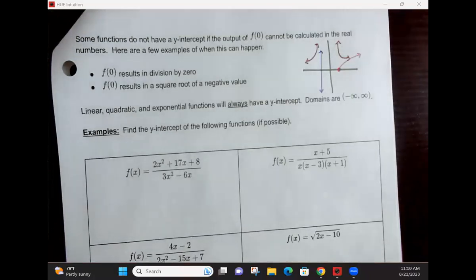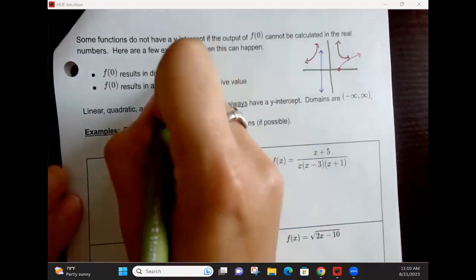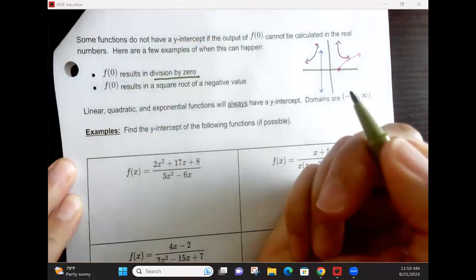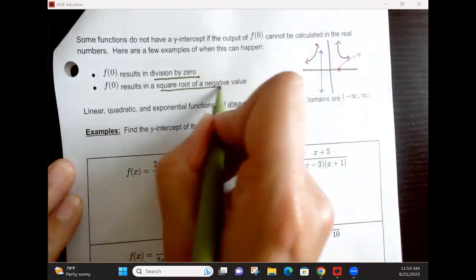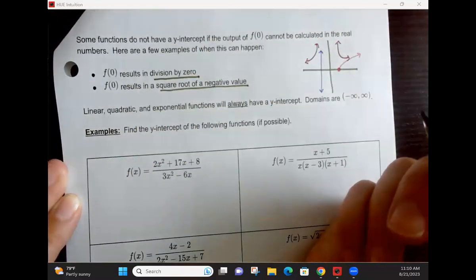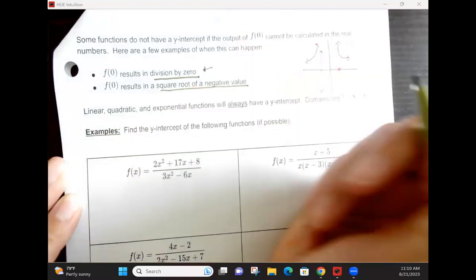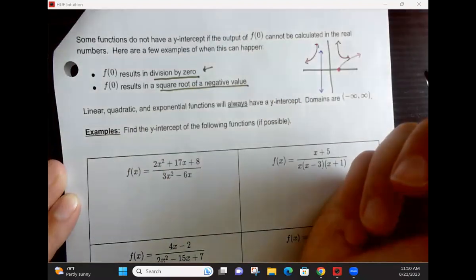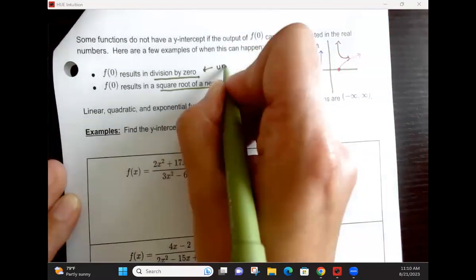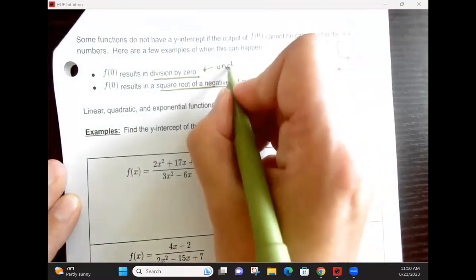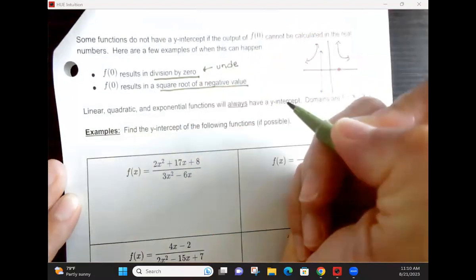The two things that we are going to look out for when we are finding y-intercepts algebraically, it's easy to see on the graph that none of those I've sketched have a y-intercept. But algebraically, we're going to look for division by 0, and we're going to look for the square root of something negative. Remember, when we divide by 0, we have a special term for that. Does anybody remember what it is? Starts with a U. Undefined.